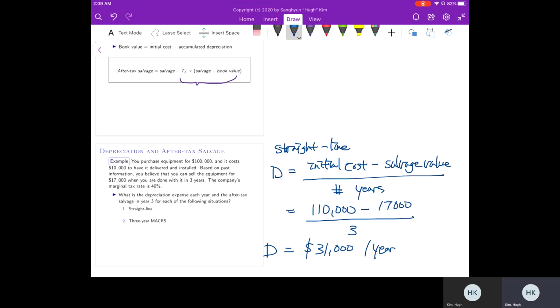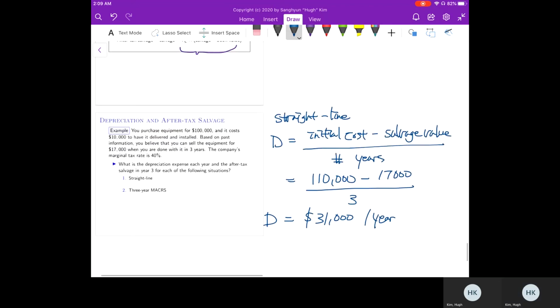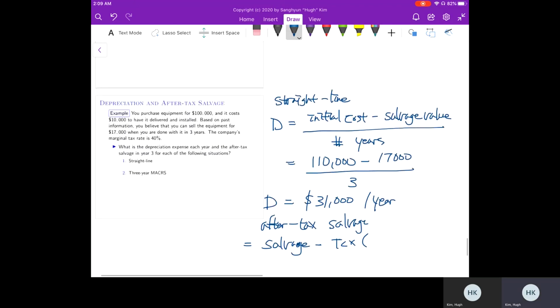And then the after-tax salvage value will be the salvage value minus the tax rate times the salvage value minus the book value.